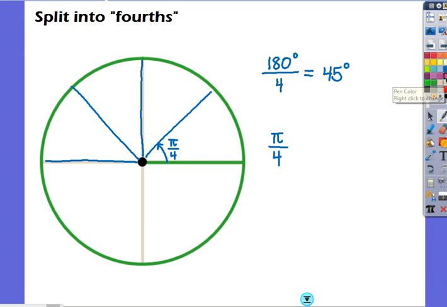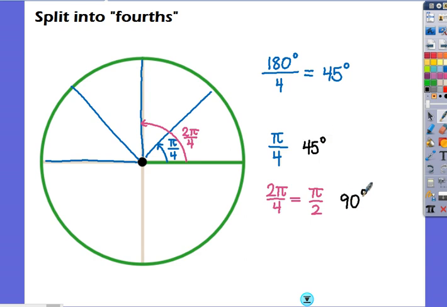And so we could measure 2 45 degrees as 2 pi over 4s, right? 2 pi over 4s would actually reduce to pi over 2, which we just talked about, that would be 90 degrees. So this is our 45 degrees. This would be 90. If we added another 45, would be up to 135.